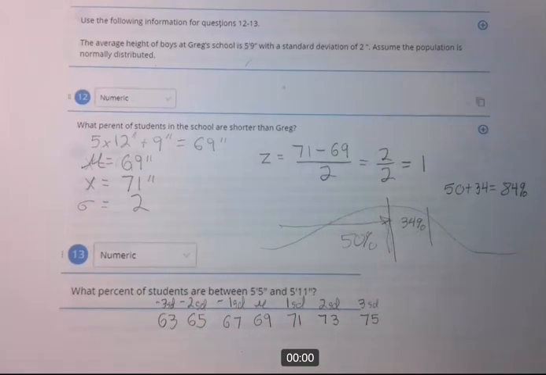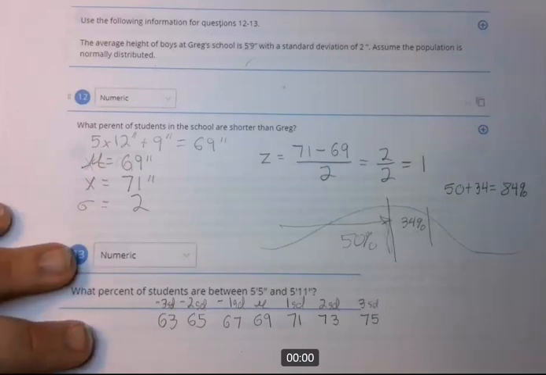So students between 5'5" and 5'11". Okay, so let's draw our curve. This one's a little unusual from some of the earlier questions. So this is 69 inches. 1 standard deviation above is 71 inches. That's 5'11".